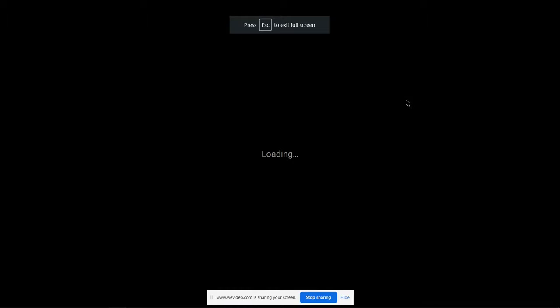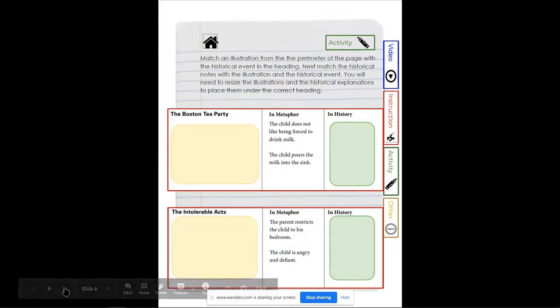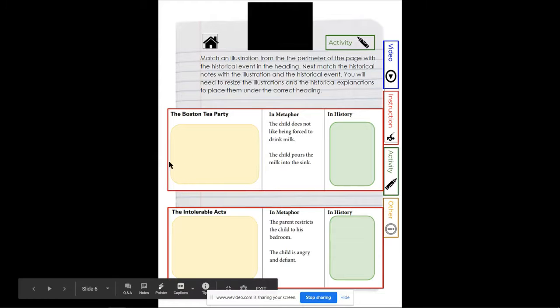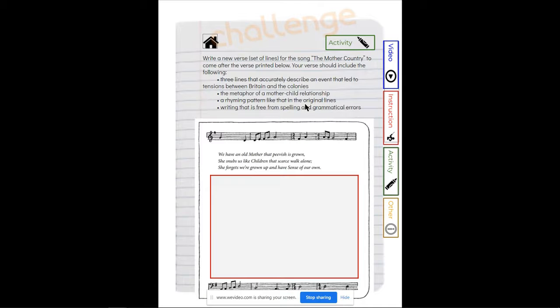There is a challenge activity as well, and for those of you who find these historical events interesting, powerful, and important, I really encourage you to take on the challenge. It is to write a new verse or set of lines for the song "The Mother Country" to come after the verse printed below.